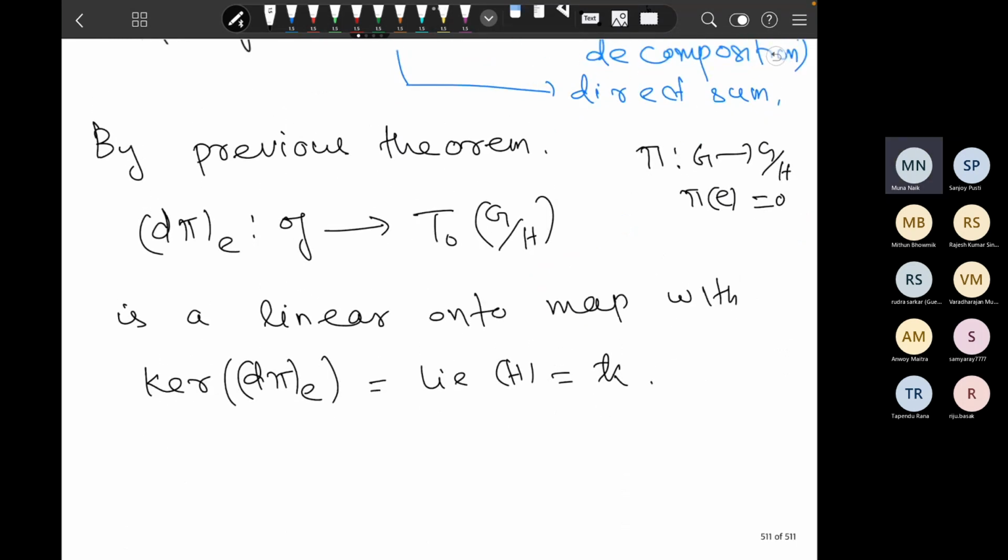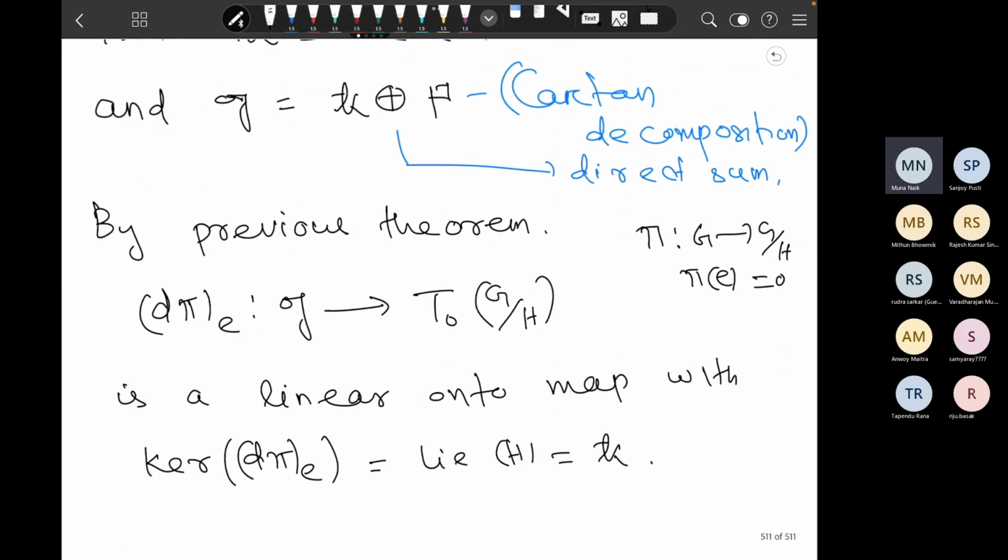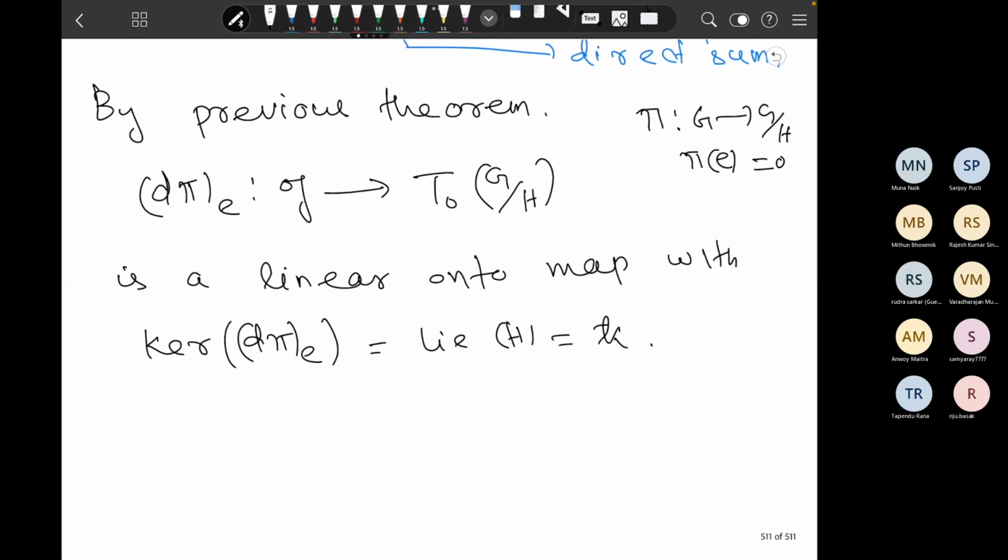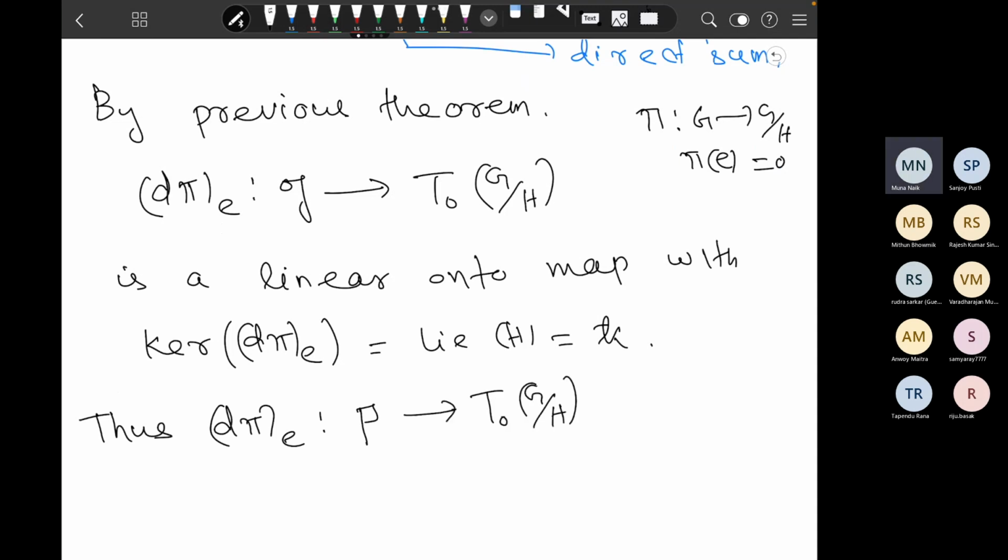Since this is linear and the kernel of dπ is 𝔨, thus dπ_e from 𝔭 to T_o(G/K) is a linear isomorphism.